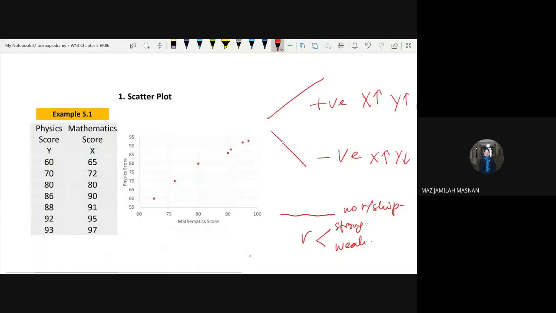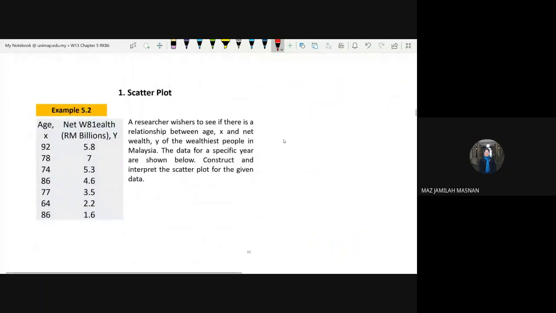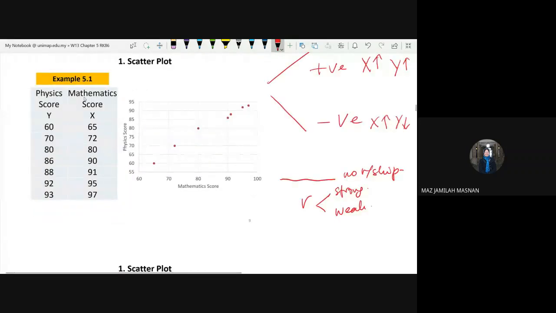Now, I would like to show you how you can do your scatter plot using Excel. Let's say you have your example 1, physics and mathematics scores. How do I come up with this scatter plot? I have the mathematics score and the physics score. The mathematics score refers to my x, and the physics score refers to my y, so don't mix up and put them the wrong way around.